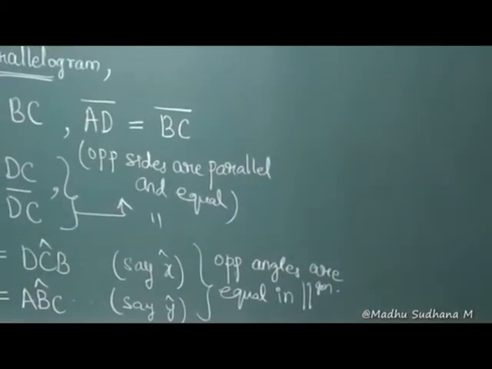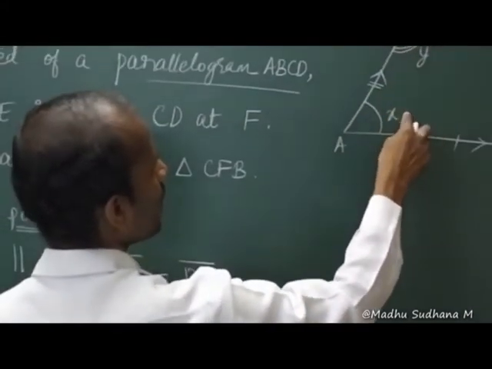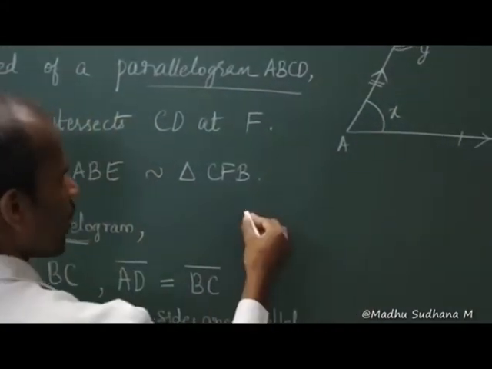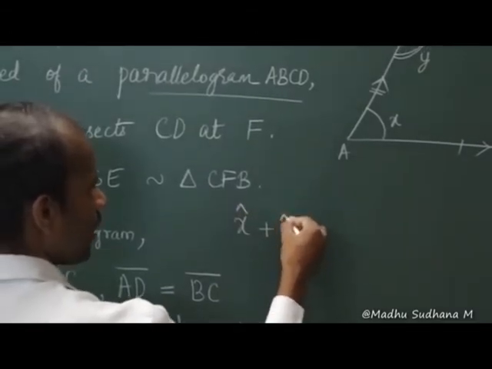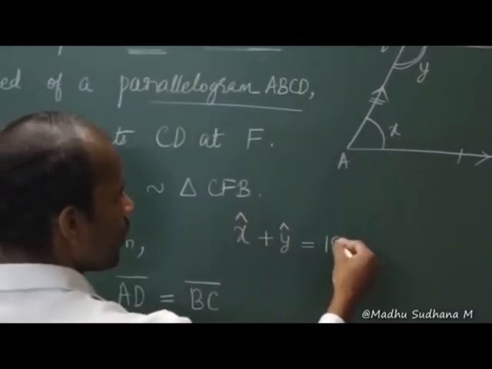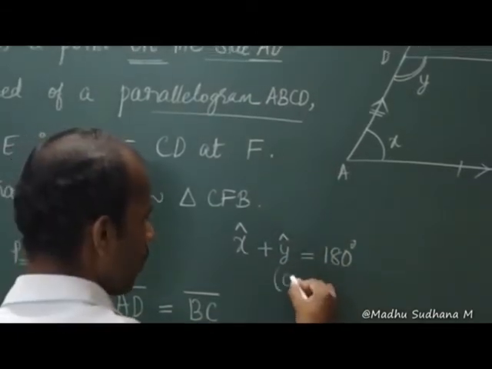So we have one more important property in case of a parallelogram: co-interior angles. Let me write that angle X plus angle Y is always equal to 180 degrees. Followed it? So what is the reason here?